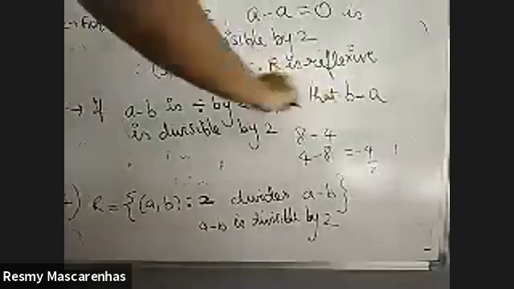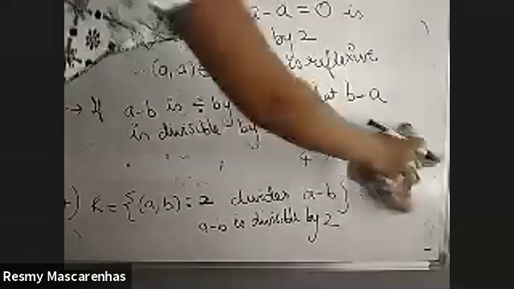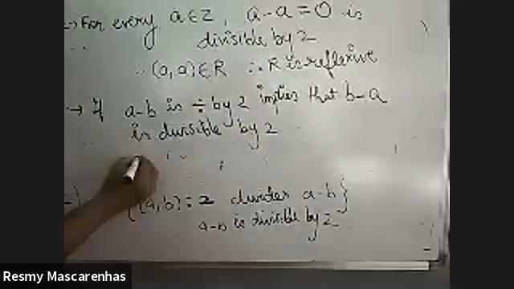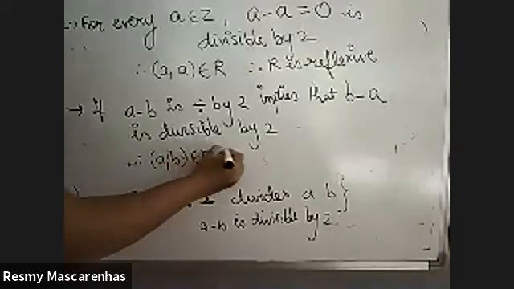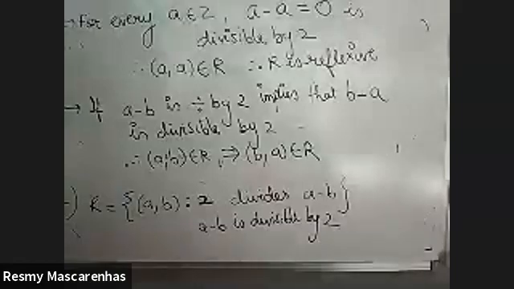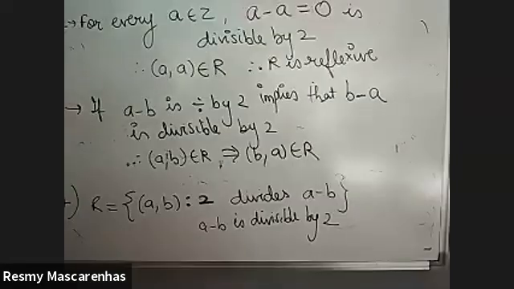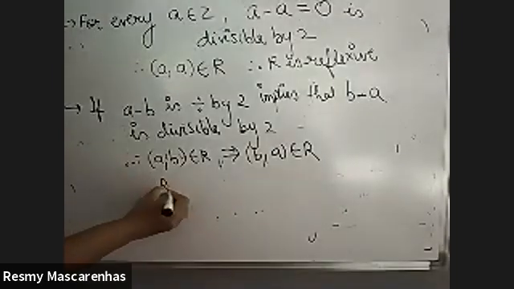So it is holding true for reverse also. Therefore, A comma B belongs to R implies that the reverse is also working. Therefore, R is symmetric.